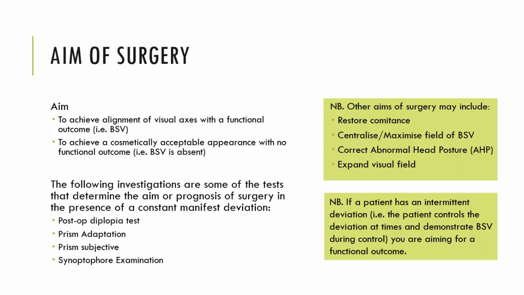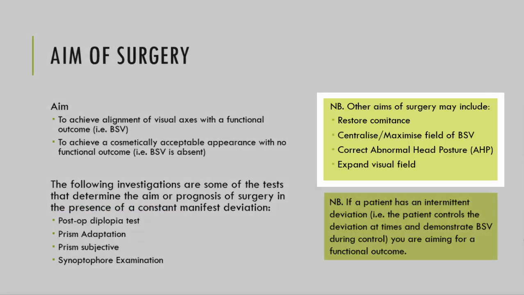Now, in order for you to determine the prognosis of your patient's post-op outcome, you need to do a series of preoperative assessments, and I've listed here a number that are critical in determining a likely outcome of surgical intervention.